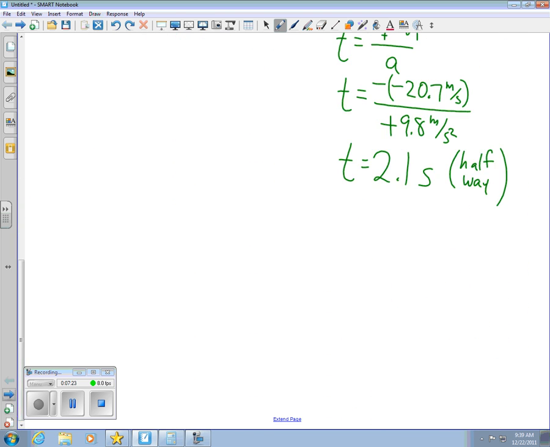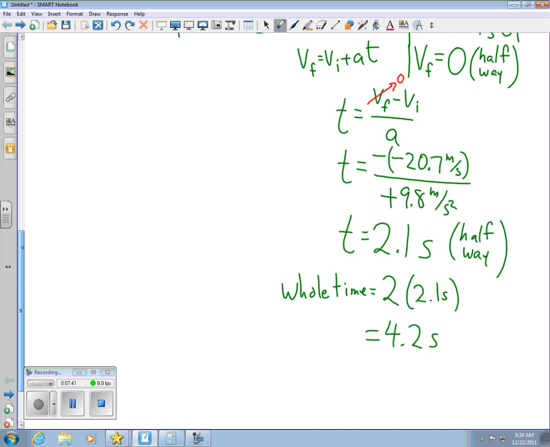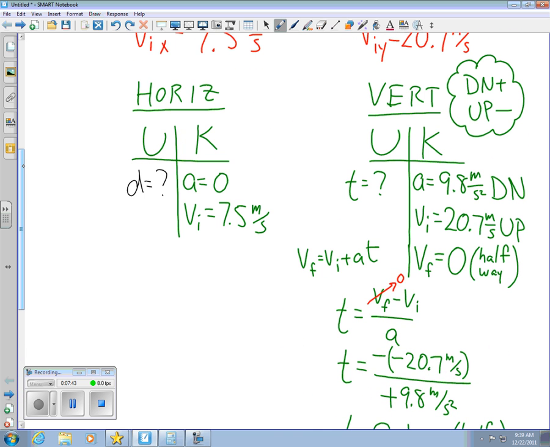I need the whole time that it takes to get to where it lands, and so the whole time is 2 times 2.1 seconds, and that is equal to 4.2 seconds. Okay, so now I'm ready to work on the horizontal side. The time, of course, doesn't have direction, so that goes under either chart, so I can add that. 4.2 seconds, and that is the whole way.